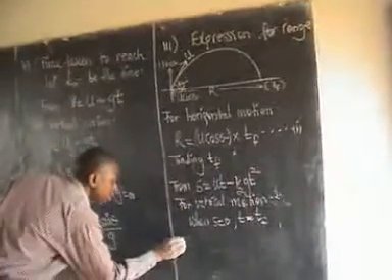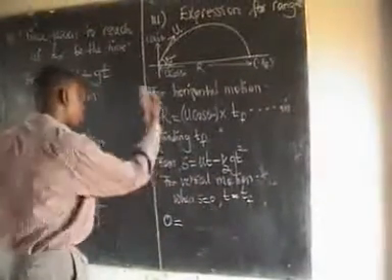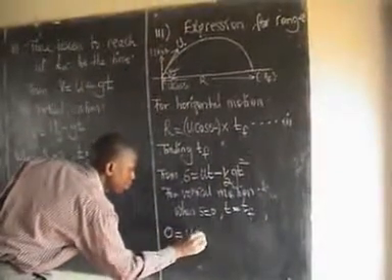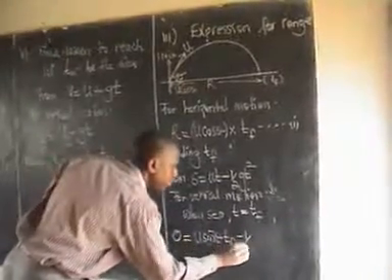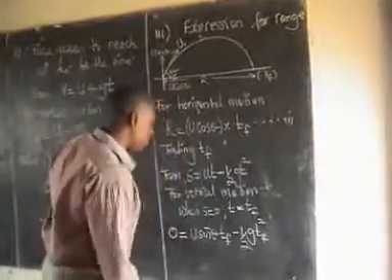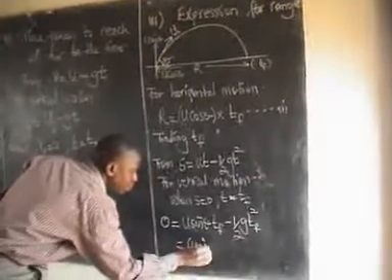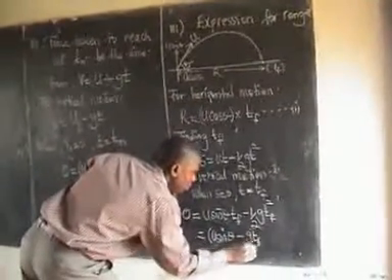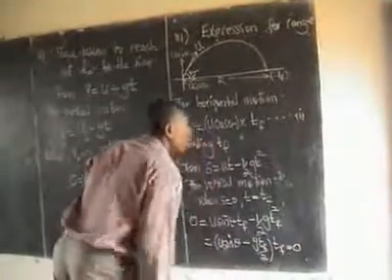So substituting, you shall get 0 is equal to, you use the component along the vertical, which is now u sin theta, tf minus a half g tf squared. So when we try to make tf the subject, u sin theta minus g tf divided by 2 equals 0.